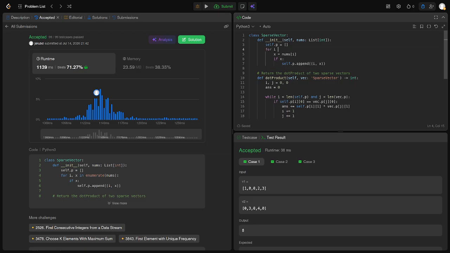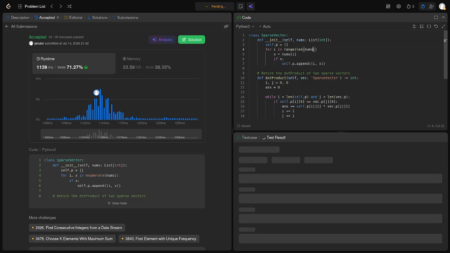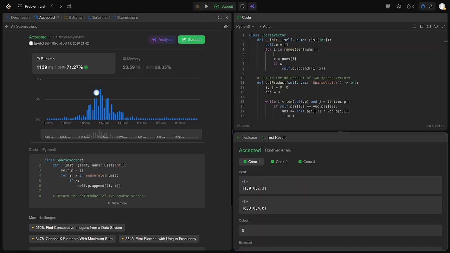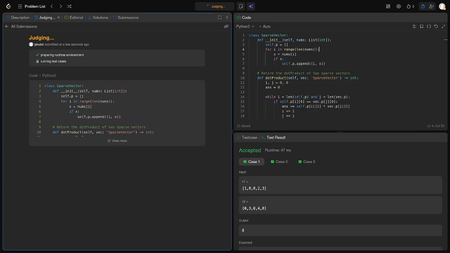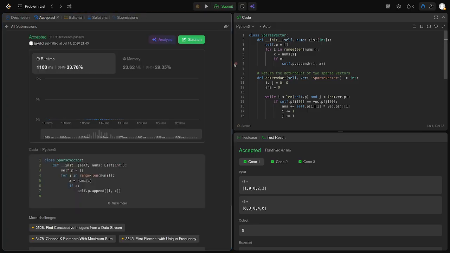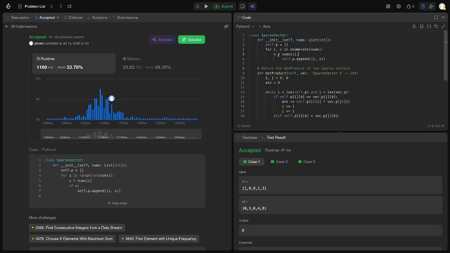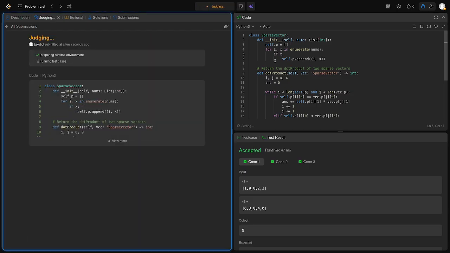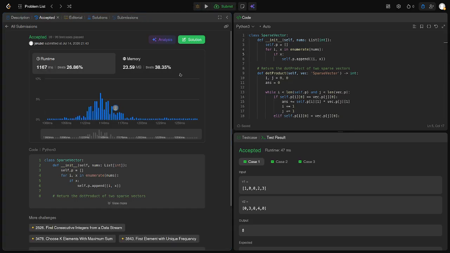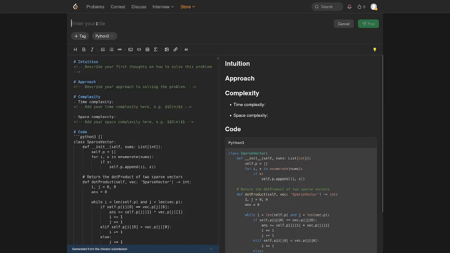Maybe if we do this, I don't know, I'm just guessing to gain a bit of time. Yeah, that made it slower, so it doesn't matter. It doesn't matter! As my guy John Cena says, that's even slower. Okay, Leetcode measurements are horrific.